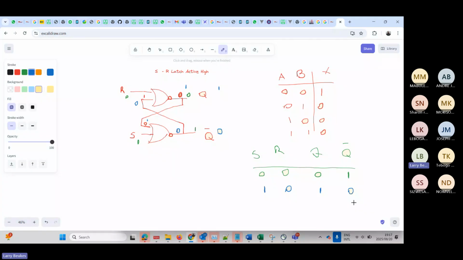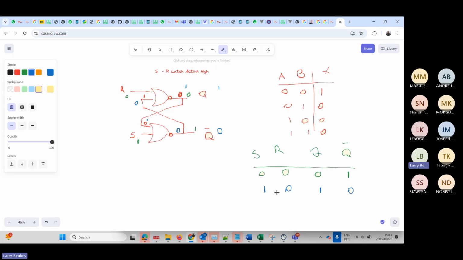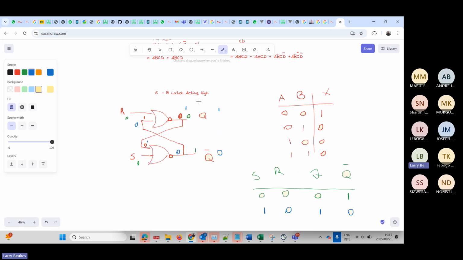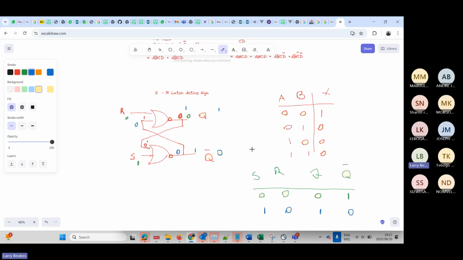So this condition, we call it a set. It means it will just set Q, it will make Q be on for this one, right? So from this position that we're in, we say that it's a building block of the memory. It makes the decision based on the previous state.